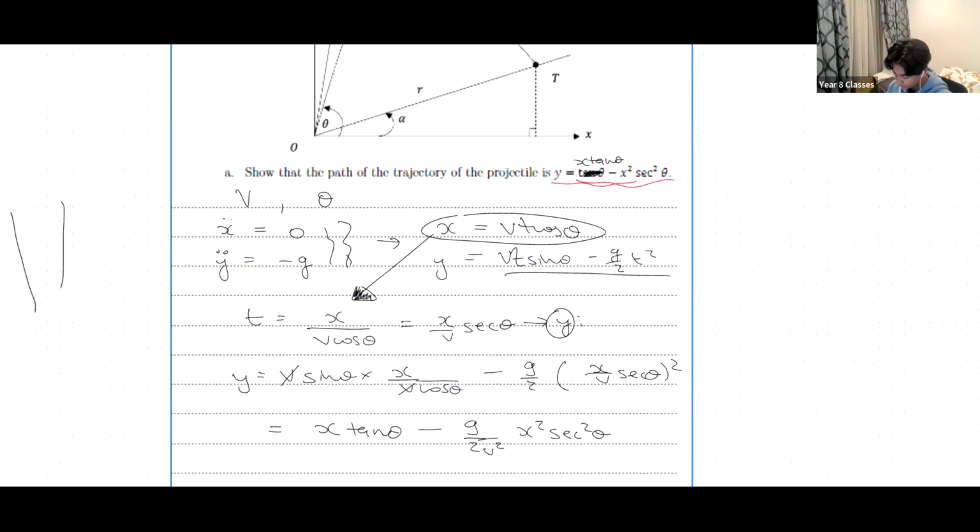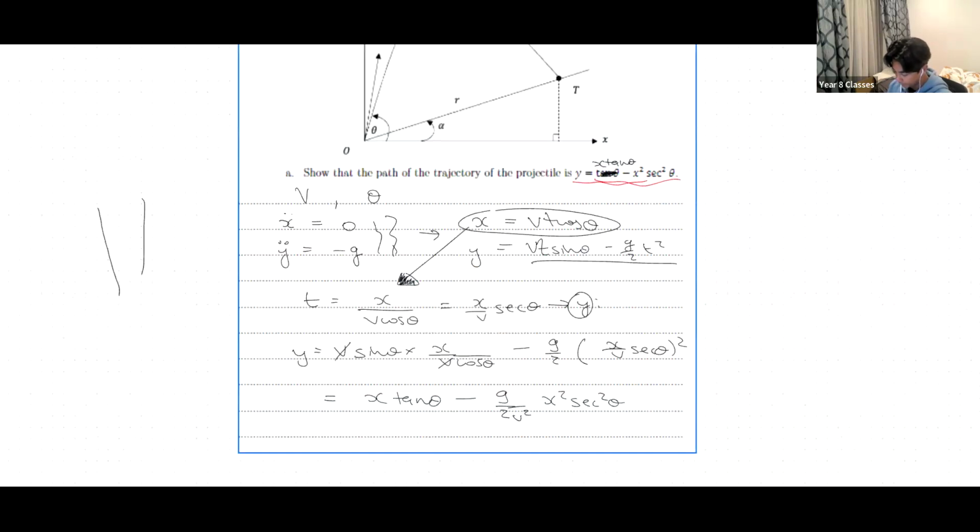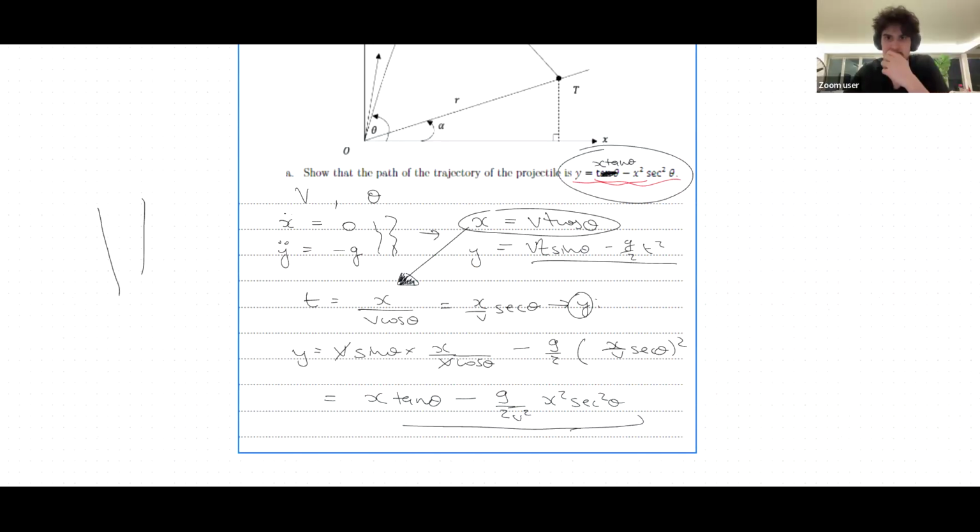Now you get to this point where we're very close to what we're trying to solve, but what do we have that's extra in our current expression compared to what we're trying to get? We have the G on 2V squared.